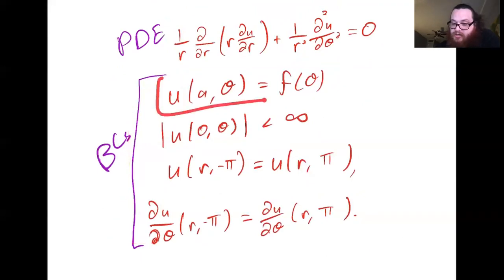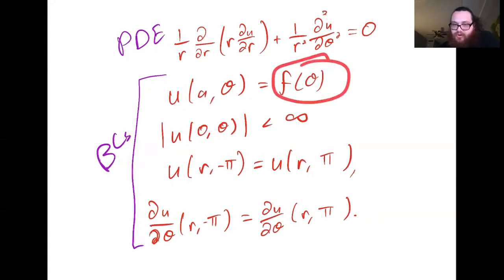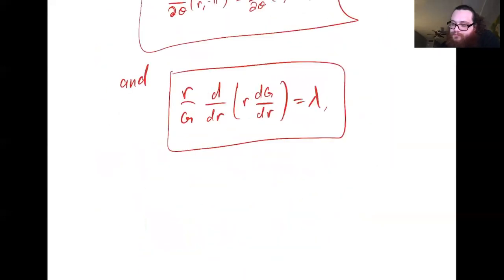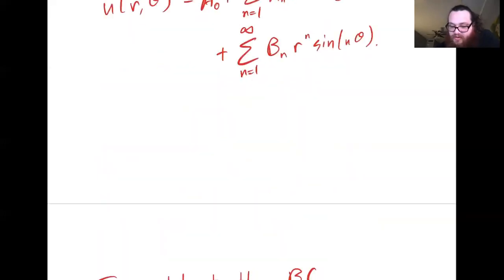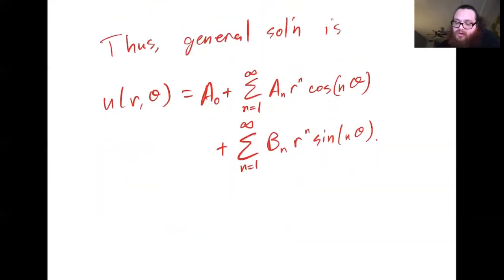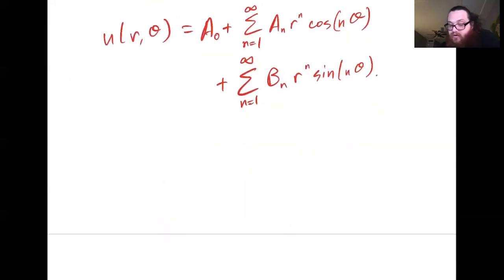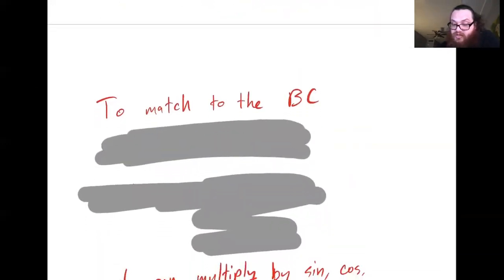The last boundary condition we have to deal with is the value of u at r equals a, and that's some prescribed function of theta. So one way to phrase this is, here's our general solution. Can we determine these constants? And the answer is yes, using our 4th boundary condition.